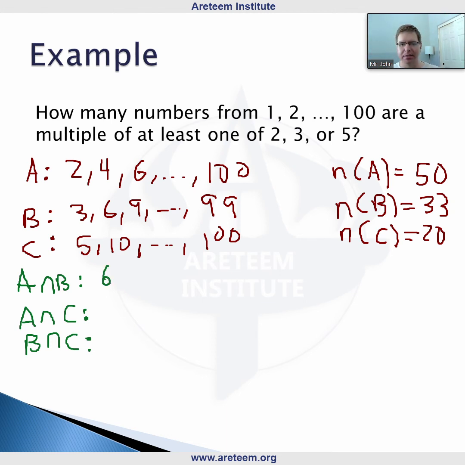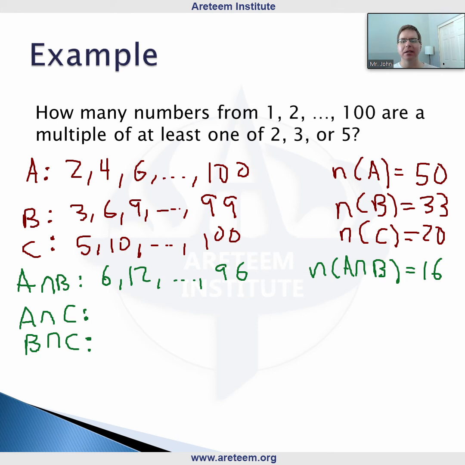So here we have 6, 12, 18, up to the last multiple of 6, which is 96 in this case. You can use the same strategy for counting the size of these intersections. 6 times 16 is 96, so there are 16 multiples of 2 and 3.